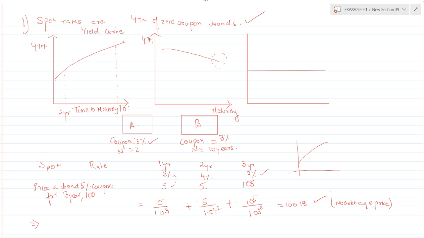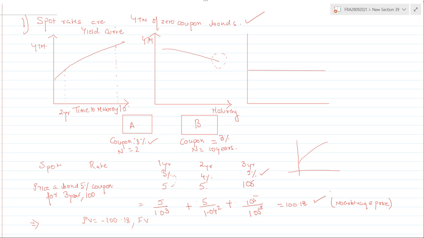And since we have the price of the bond, we can also calculate the YTM of the bond. How do we do that? I have the price of the bond as 100.18, so my present value is minus 100.18.